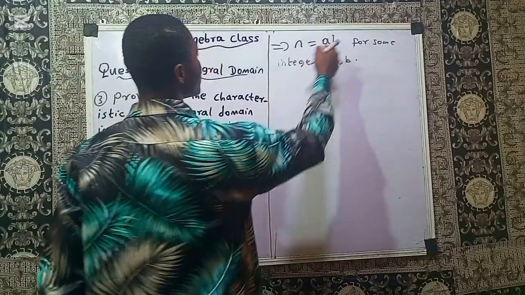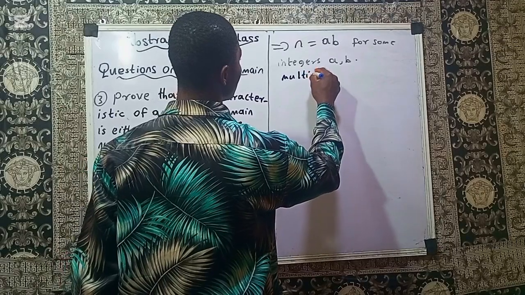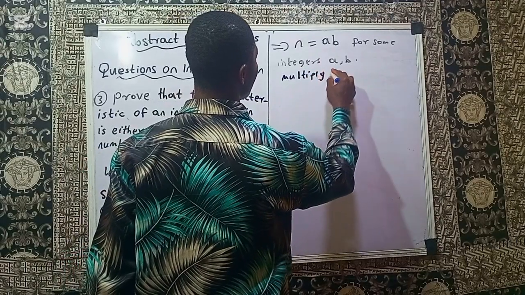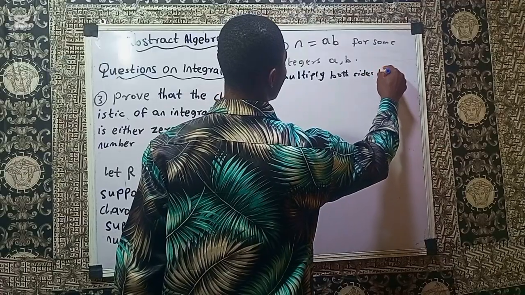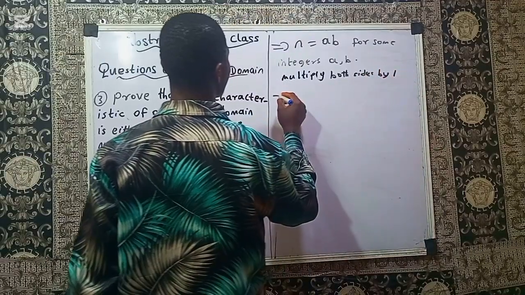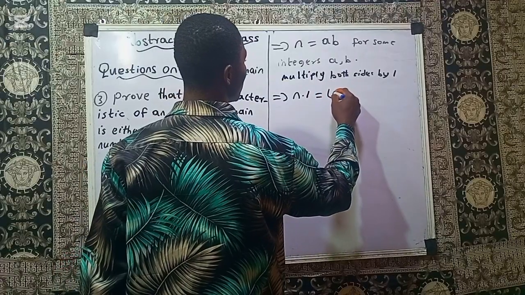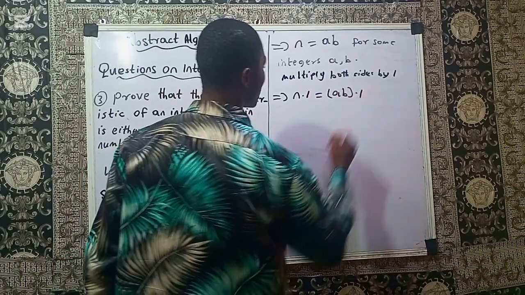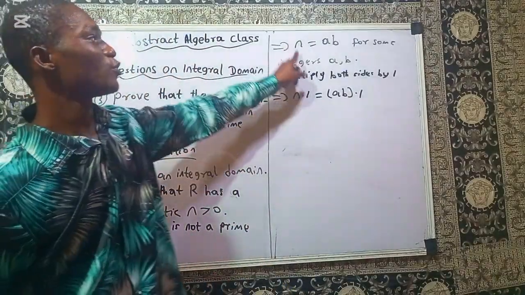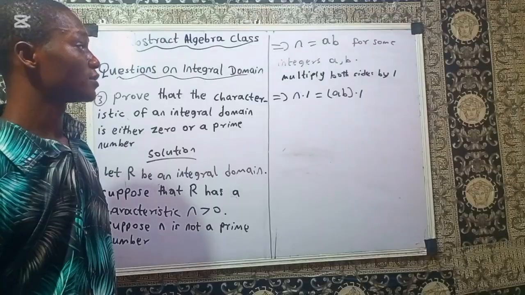We can multiply both sides by 1. Multiply both sides by what? 1. So this implies n times 1 is equal to a times b, which is equal to ab times 1. What I did here is that I multiplied both sides of this expression by 1.